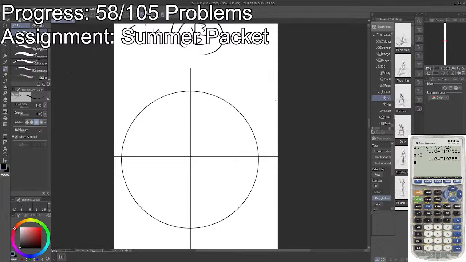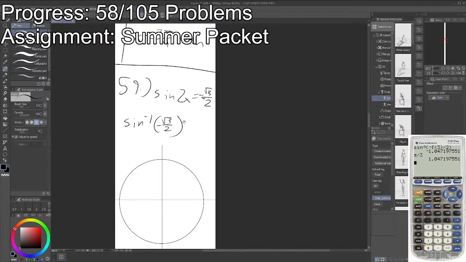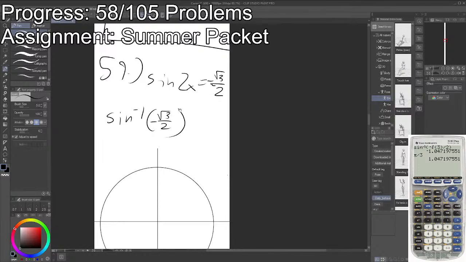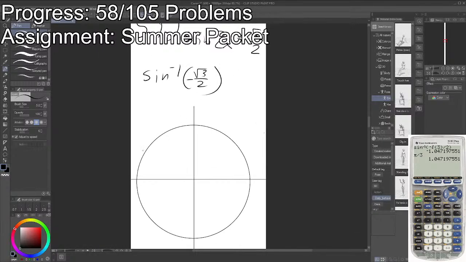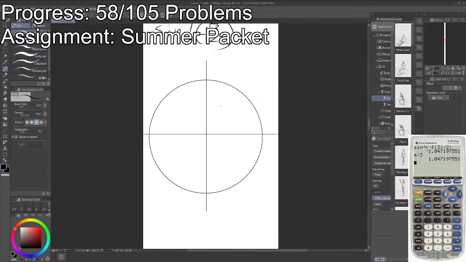So where is square root of 3 over 2, negative? Oh wait, that's not even what I'm trying to find. Pi over 3.